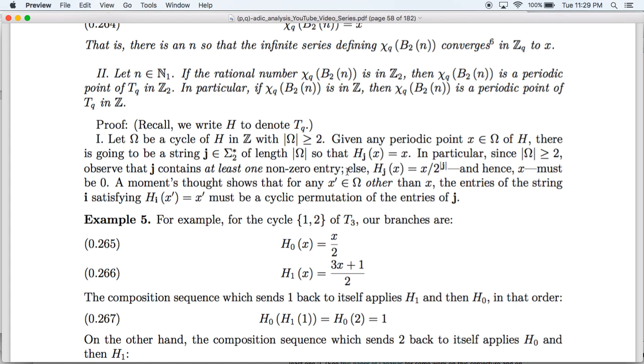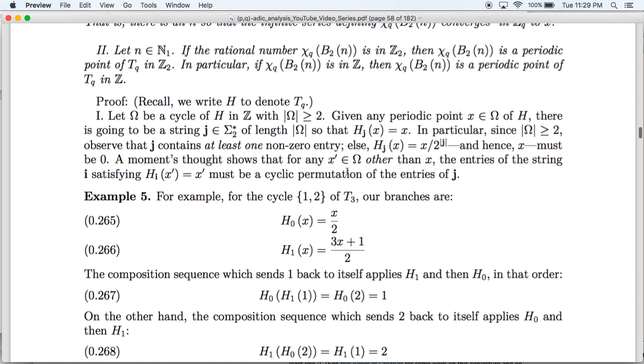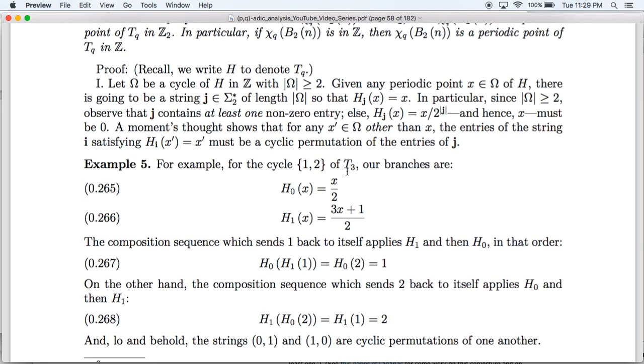A moment's thought shows that for any x prime in our cycle other than x, the entries of the string bold I, which fixes x prime, must be a cyclic permutation of the entries of bold J. Here's an example. For the cycle 1, 2 of the shortened 3x plus 1 map, here are our branches. The composition sequence which sends 1 back to itself first applies H1 and then H0, in that order.